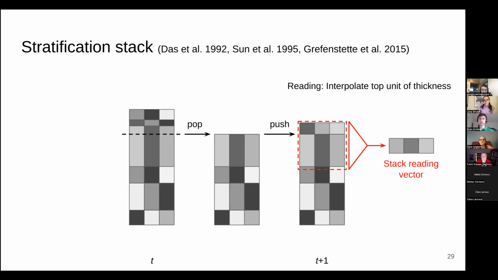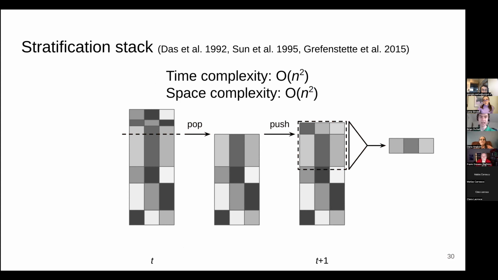Finally, the stack reading that's returned to the controller is formed by looking at the top unit of the stack and interpolating the vectors within it. It's like you cut 1 inch off the top of the cake, mix everything together, and see what you get. This stack has quadratic space and time complexity with respect to the input length.